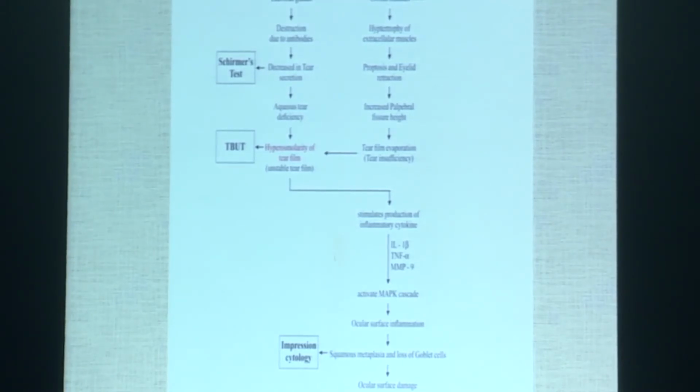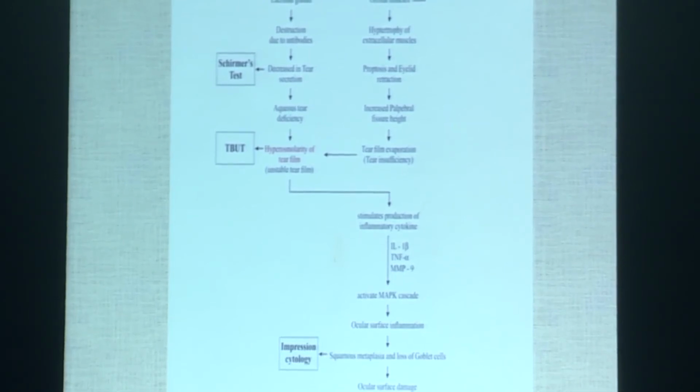In the hyperthyroid, we can see it clearly. There are 2 mechanisms. One, initially, is due to antibody against lacrimal gland, but once the disease has progressed, there is hypertrophy of orbital muscles, proptosis, eyelid retraction, so there is tear film evaporation.